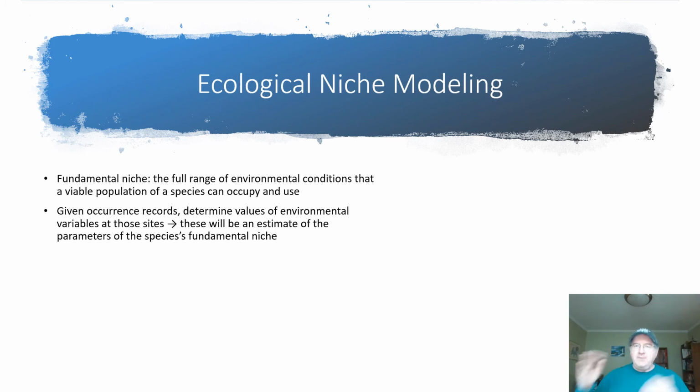So I've got an environmental envelope with the values of all these variables. I can then look on the entire face of the Earth, or whatever area I'm interested in, and say, where are places that fall within this same environmental envelope? And those places would be areas that are suitable for the species to occur. And that is called an ecological niche model.